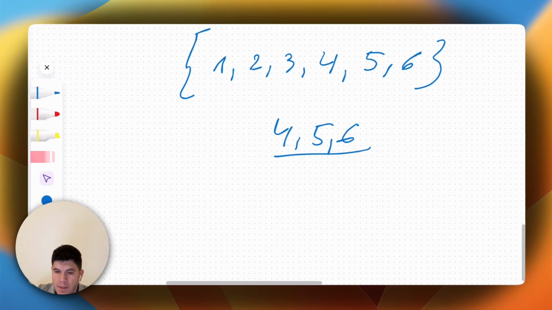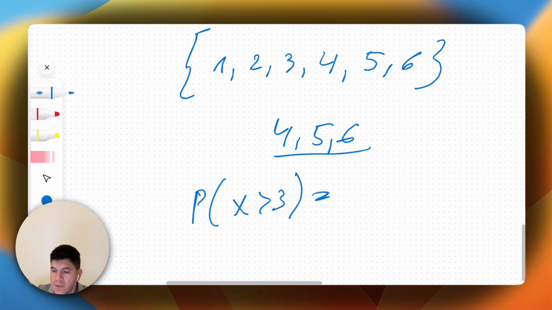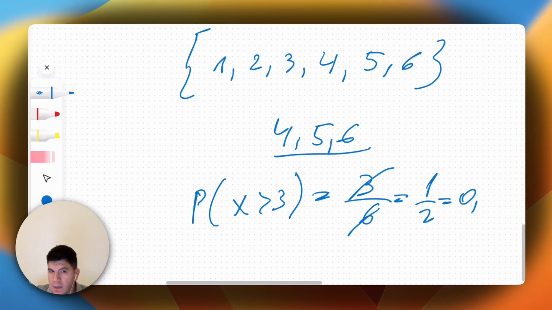So for the natural numbers greater than 3, we have 3 favorable outcomes out of 6. So it means we have 1 divided by 2, which is a 50% chance of this event occurring.